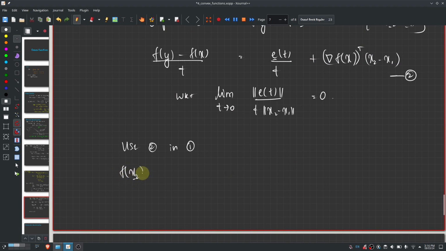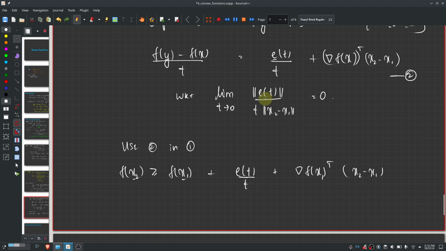So f of x2 is greater than or equal to f of x1 plus e of t by t plus gradient f of x1 transpose x2 minus x1. Now I just let t tend to 0.